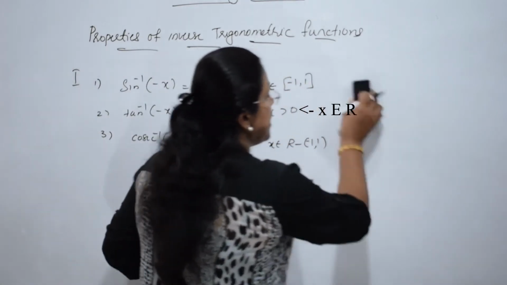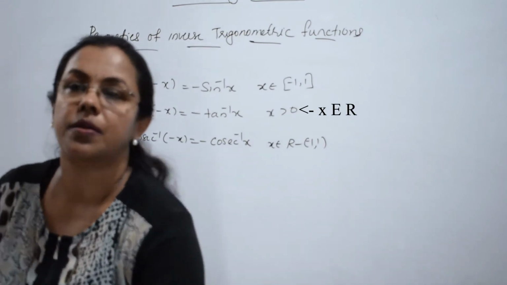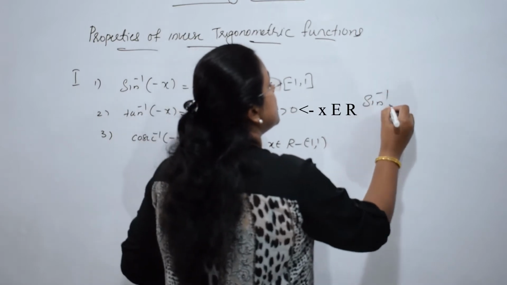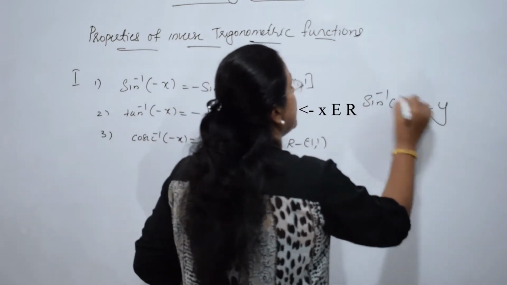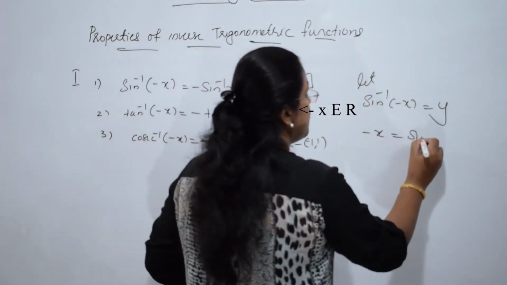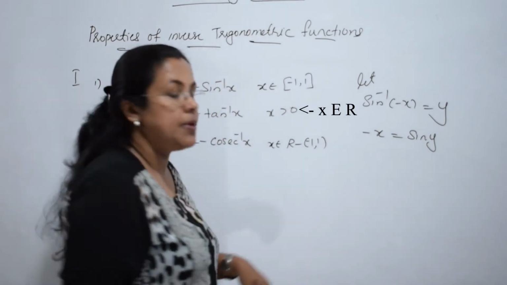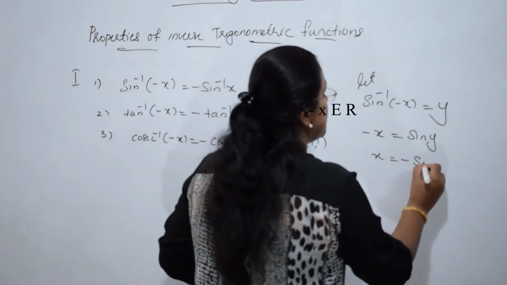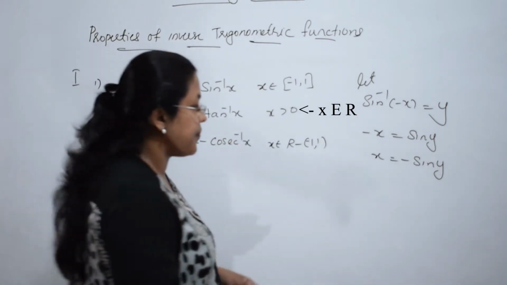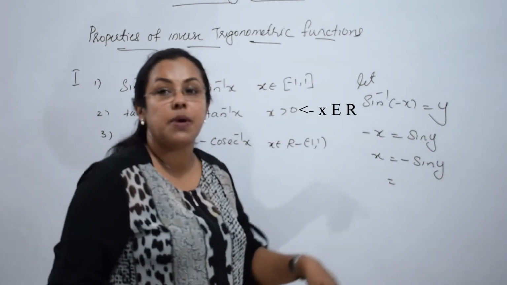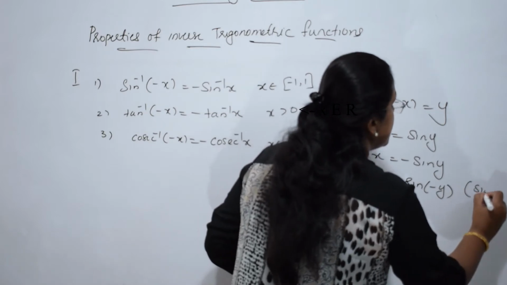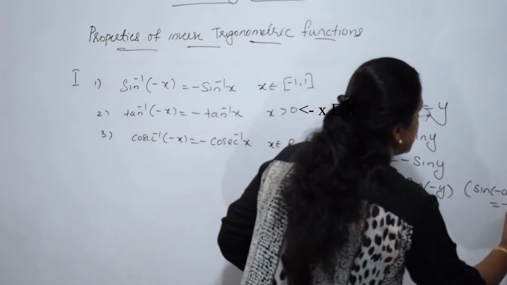So sin inverse minus x is equal to minus sin inverse x. How can we prove that? Take sin inverse minus x as y. Then we can write minus x as sin y, isn't it? That means x is equal to minus sin y, multiplying both sides by minus 1. Sin of minus theta is minus sin theta, so we can write it as sin of minus y. Reason: sin of minus theta is minus sin theta.